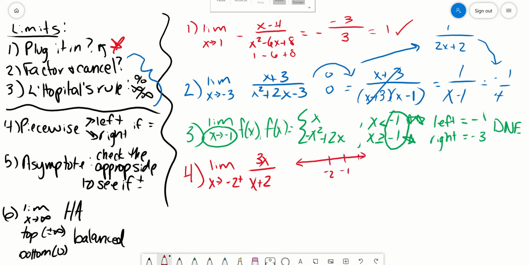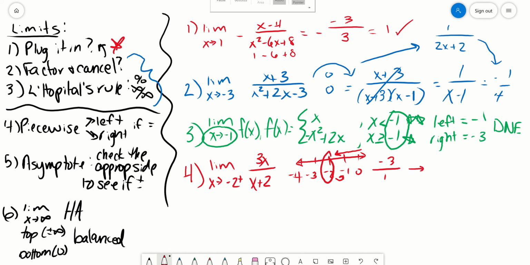So just a quick number line here. We're trying to find the limit at negative 2, but we are approaching from the right side. That means we need to pick a number on the right side of it to see if it comes out positive or negative. I like to pick the thing that's closest to it. So if we try negative 1, we get negative 3 over 1, which is a negative number.